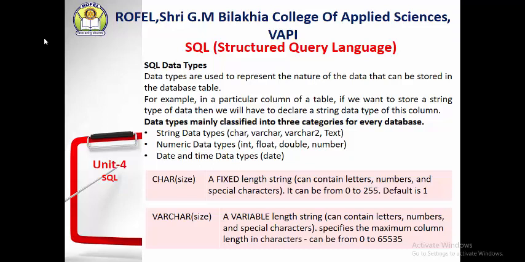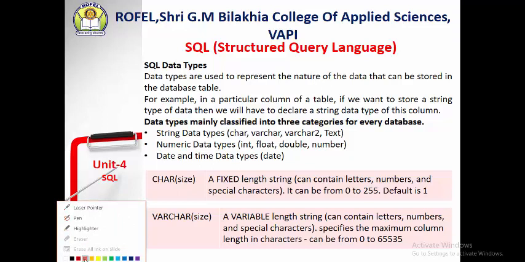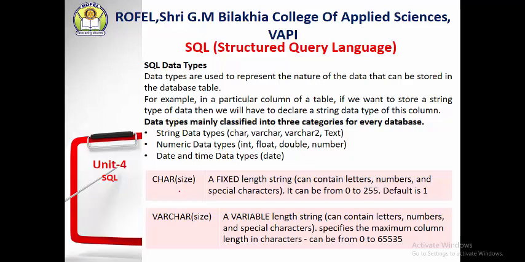Now, date and time data types contain date, time and many more, but we learn the date data type from the date and time data types. Now, the first is the character data type. In that, the size is required for a particular field. So, when you assign some data type, at that time you have to assign the size for a particular field.